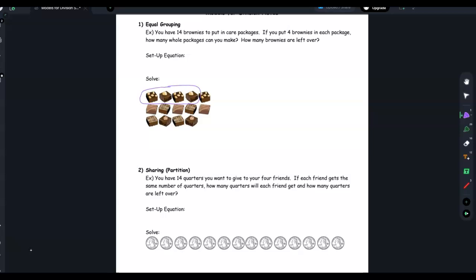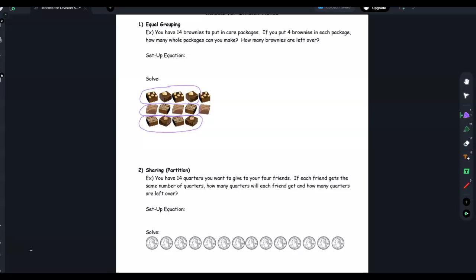So there's one package. Do I have enough to get another package? Yes, I do. So let me get another 4. Do I have enough to get another package? Yes, I do. I can get another 4. And then do I have enough to get another package? I do not. At this point, I only have 2 left, so that's not enough to get another package of brownies.